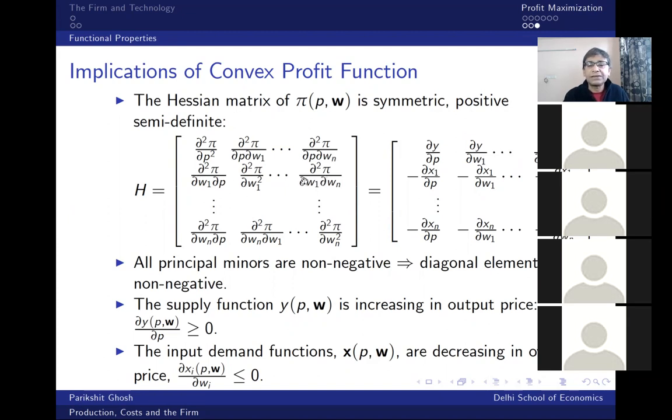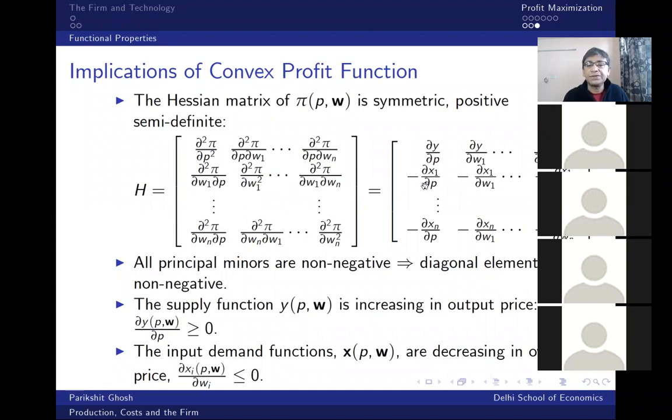Similarly, this second row, the common derivative, if you notice, is del 1. Everything has del 1 and then another del. So del pi del w1, the derivative of the profit function with respect to the first input price, is the first input demand.